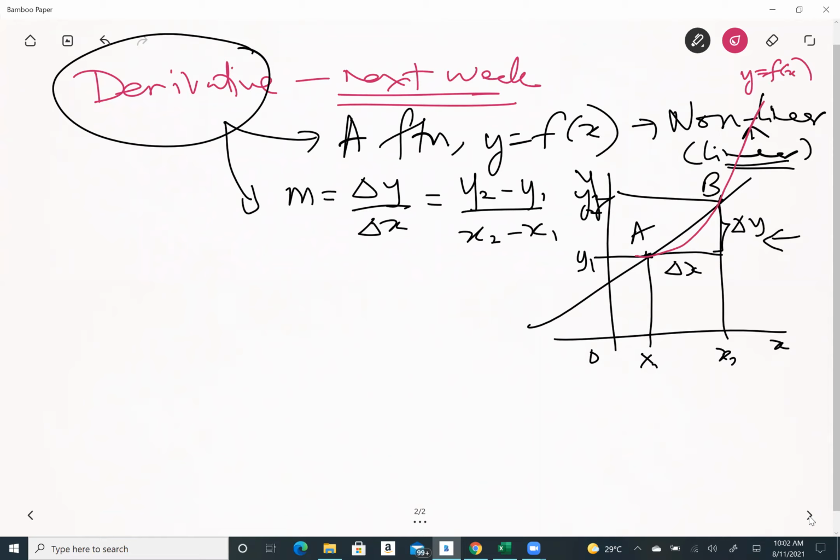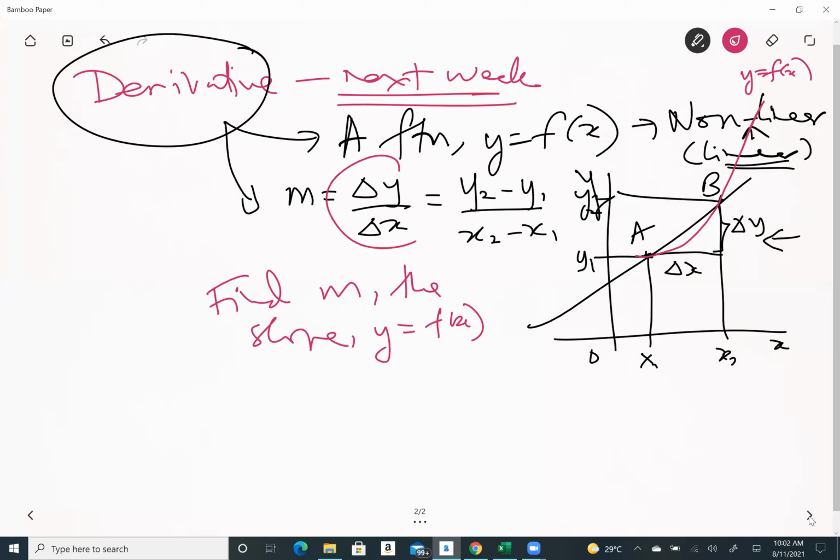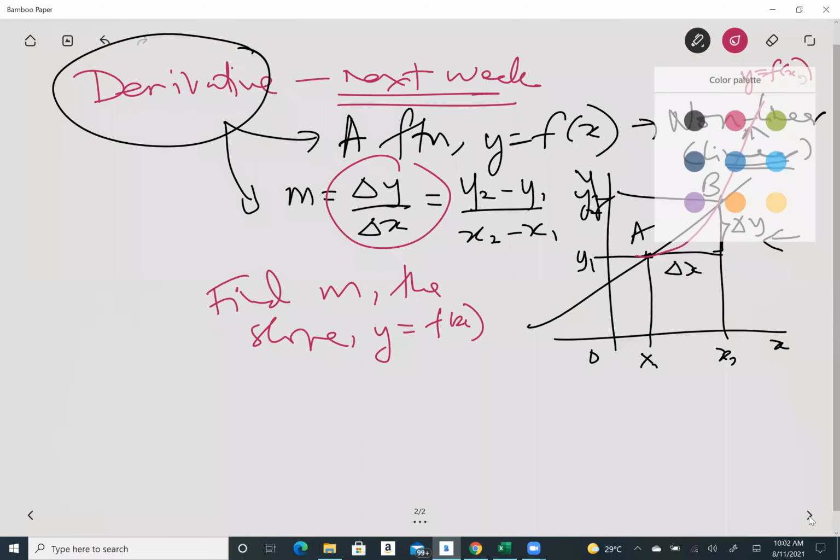Now, if you have to find the slope, m, of the non-linear function y equal to f of x, if I use this formula, delta y divided by delta x, what I get would be the slope of the straight line AB.